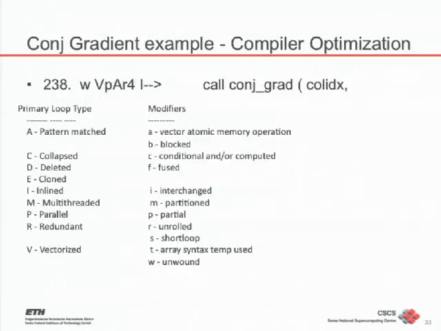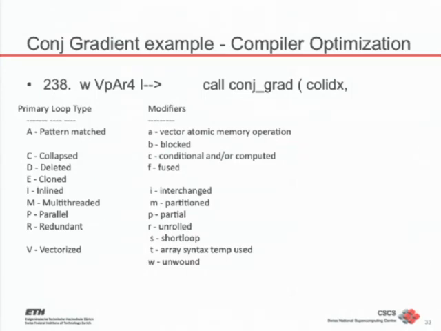So that conjugate gradient example that we saw earlier, you'd get that output from it. It also saw a pattern match that it could do a less sophisticated one, and it could vectorize within this particular call, which was inlining. So that's why we got this much better speed up, 133 seconds rather than 194 seconds with the earlier example.